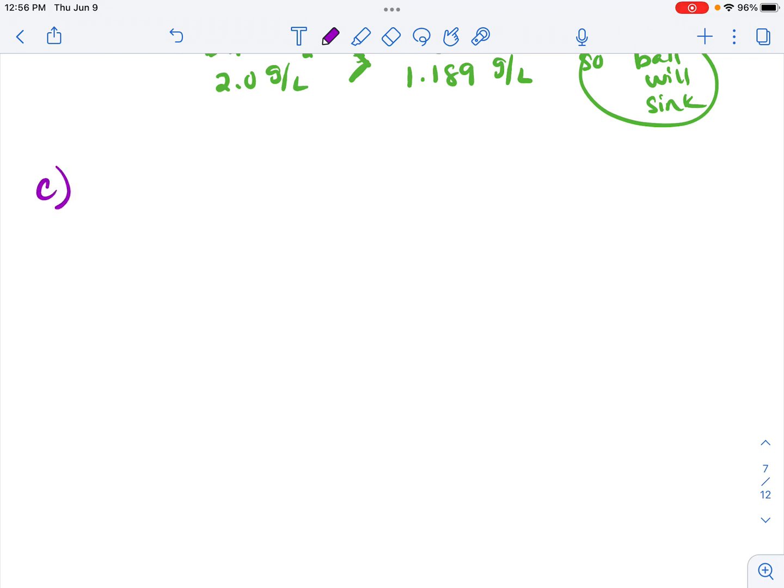Okay, welcome back. So in part C, we're going to do the exact same thing. The ball with hydrogen, the density of the ball plus the hydrogen is going to be the mass of the ball plus the mass of the hydrogen over the volume together.